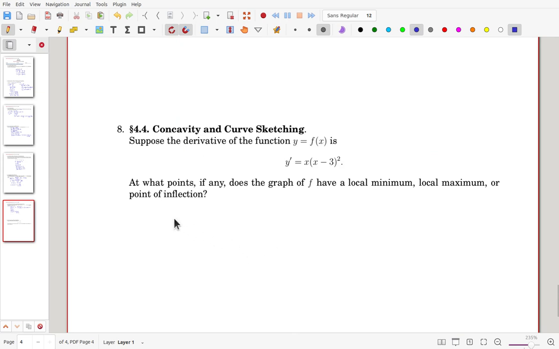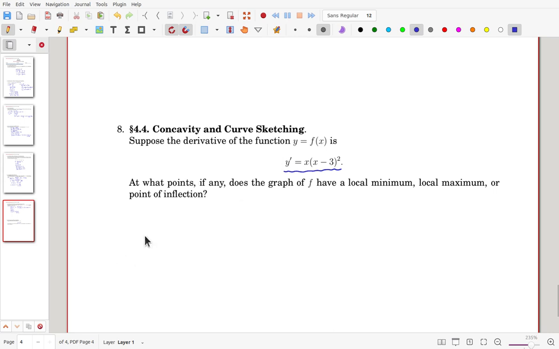Now number n. Suppose that the derivative of a function is given in this way. f is not given, just its derivative is given in this way. Now, at what points, if any, does the graph of f have a local minimum, local maximum, or point of inflection?